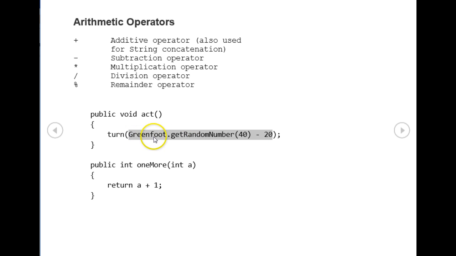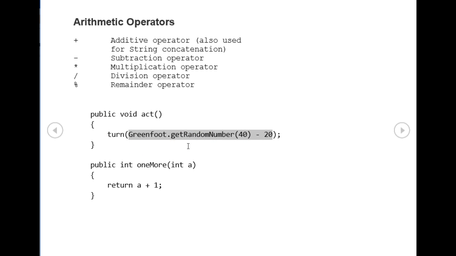So this whole area that I have highlighted in gray here, because of this subtraction, means we've taken this number, whatever number got returned from this method, and this 20, and we're subtracting the two, and producing another number, and that number is what gets passed to the turn method. So this gray rectangle produces some number, and we turn by that amount.